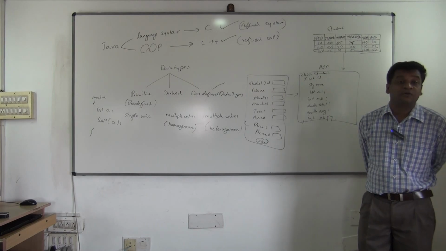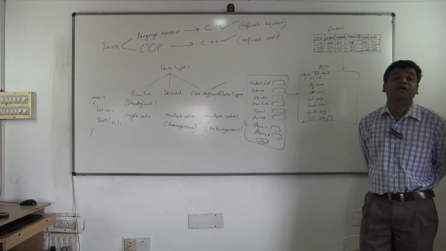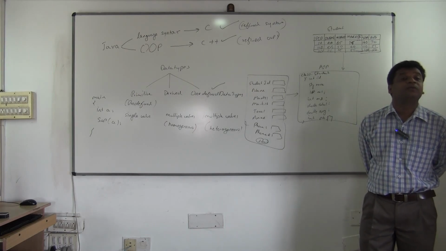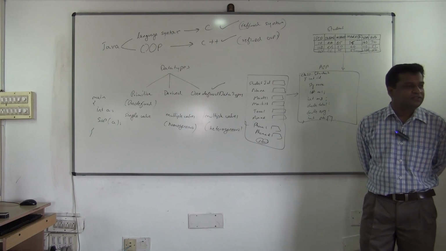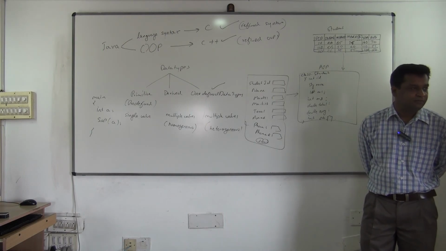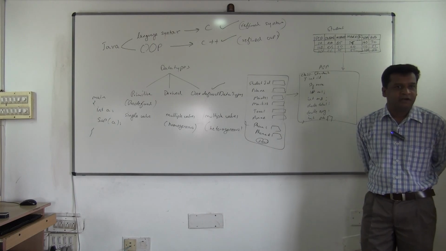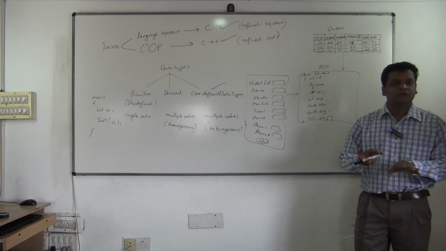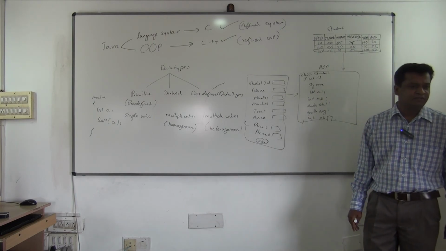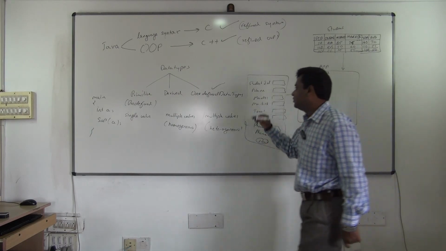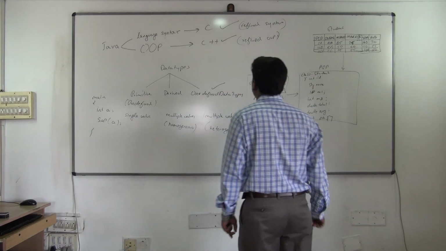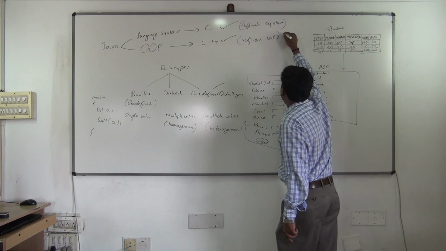One is how to store data. At the same time, how to implement OOPS using the data. Java's data types are very, very powerful, and at the same time it is very comfortable to work with. And in Java now, to implement OOPS, which are the four data types?